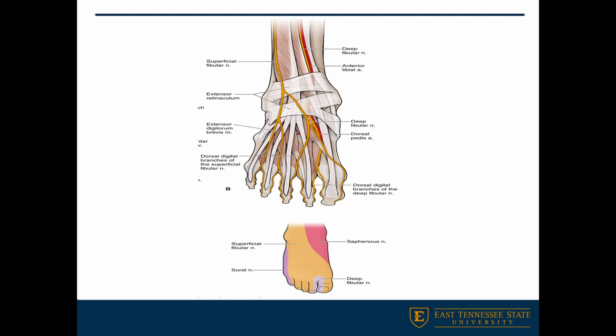Alright, now taking a dive into the neurovascular structures in the dorsum of the foot, we'll start with the deep fibular nerve, also called the deep peroneal nerve. It lies lateral to the anterior tibial artery at the ankle.